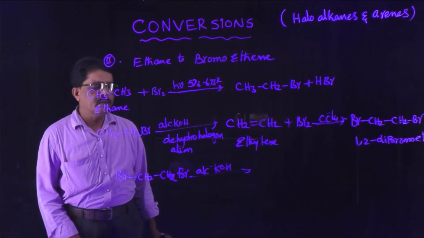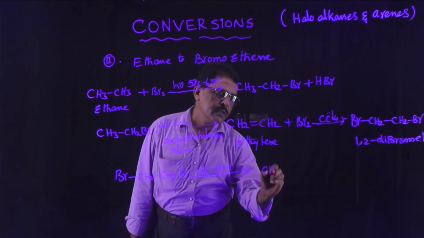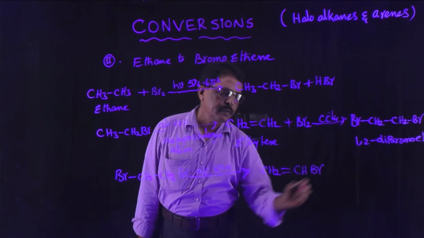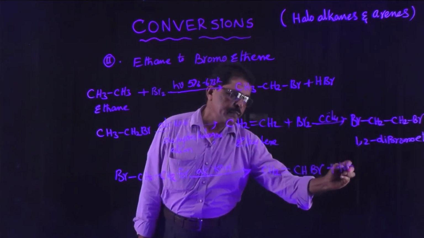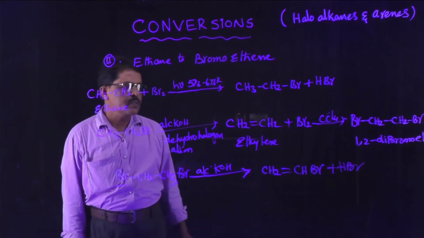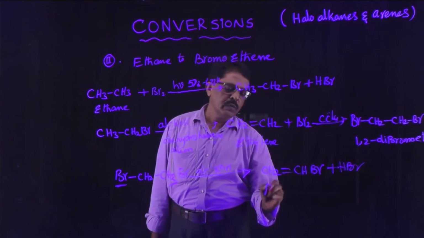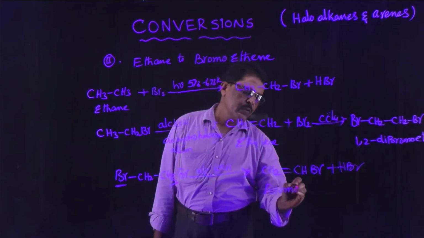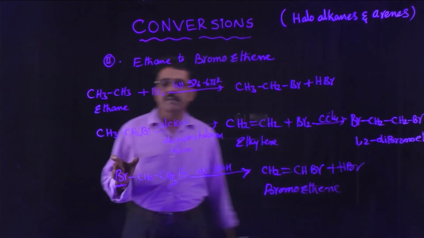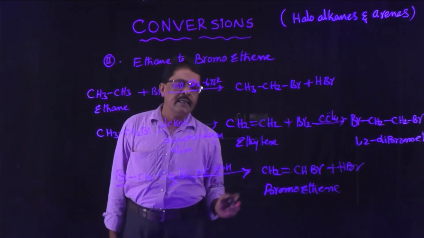Hydrogen and halogen will be removed. Then CH2=CHBr is formed plus HBr. So the bromine atom and an H atom go out as HBr. Then you will get bromoethene.